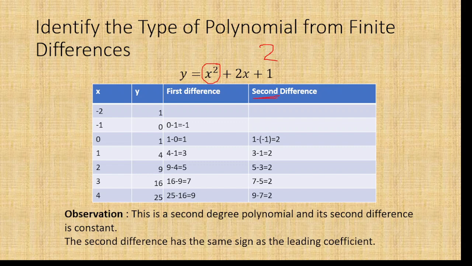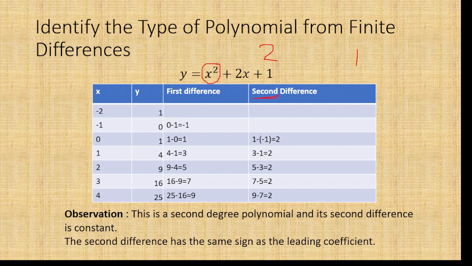Another thing to be noted is, for this particular polynomial, what is the value of the leading coefficient? The term with the highest degree is x to the power of 2. The leading coefficient is the constant term in front of x squared. So what is the leading coefficient? It is 1. What is the sign of the leading coefficient?